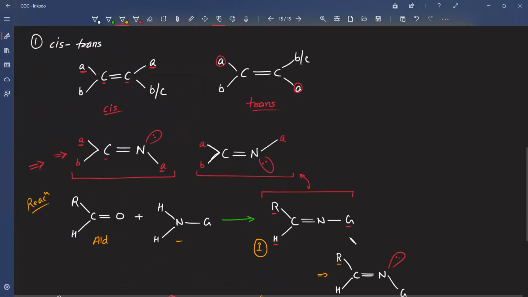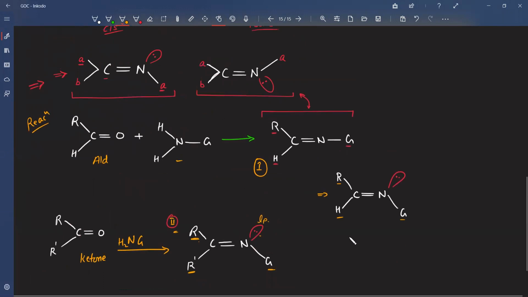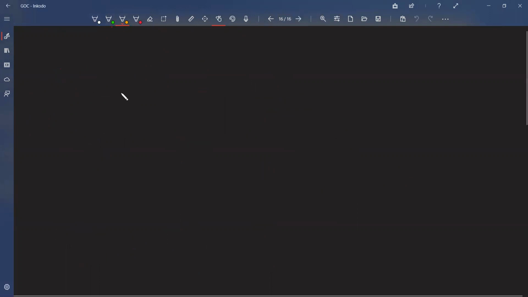Syn and anti. So syn and anti will be used when there is a nitrogen involved, like this. So first we'll finish this case itself. If you have R, C, H, that is you got it from your aldehyde, right?